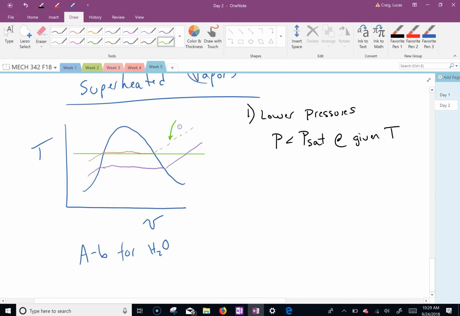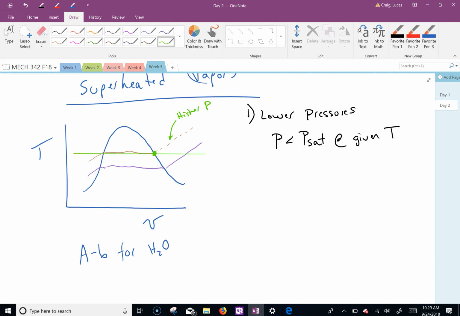So this one has a higher pressure. So this is Psat right there where I did this circle, right? So at a given temperature, pressure is less than Psat.